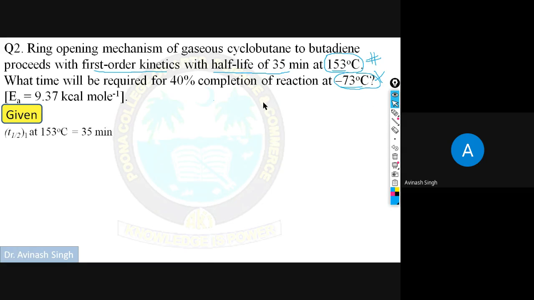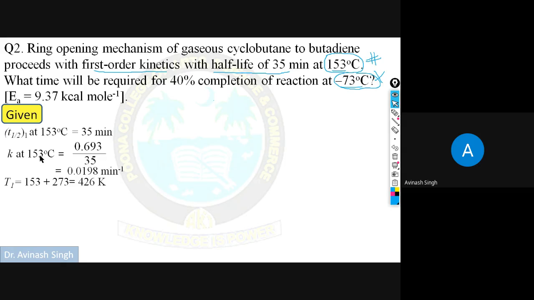So let's solve it. T half is given at 153 degrees centigrade. So K value at this temperature is 0.0198 per minute because we have taken the time in minutes. Now this is the temperature T1.